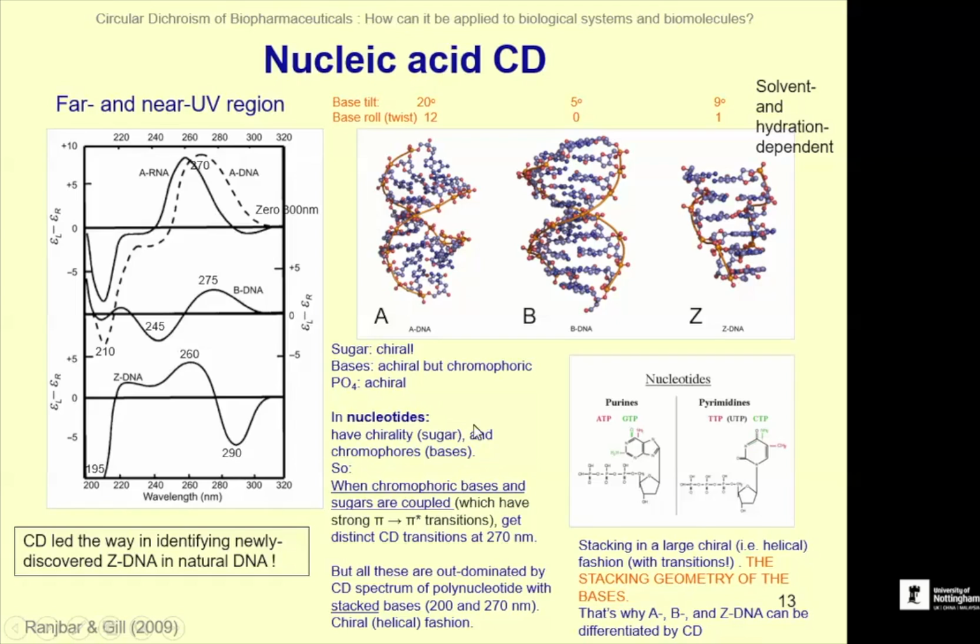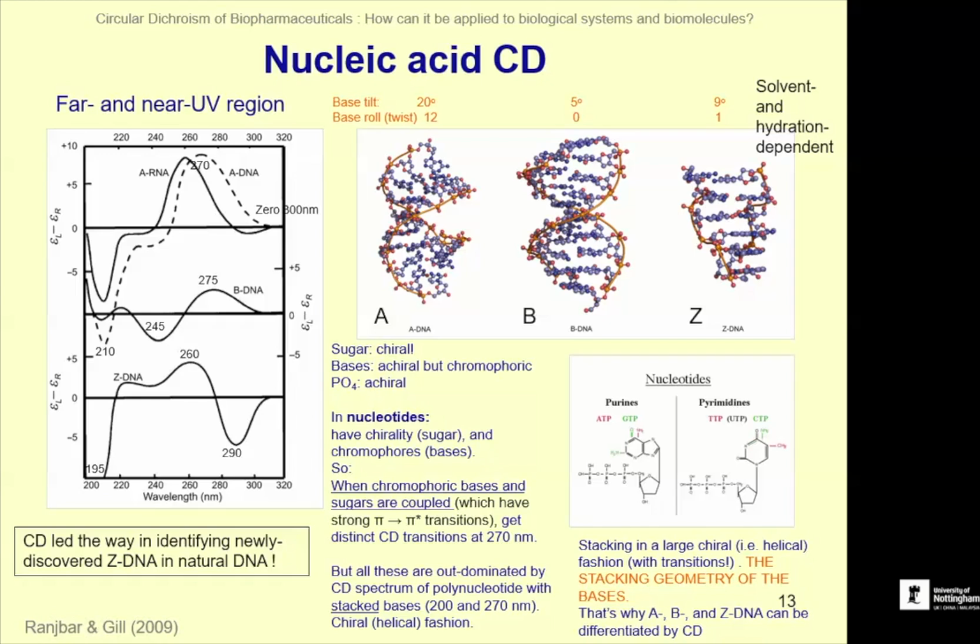Well, let's first have a look. The DNA, of course, is made up of nucleotides. We've got sugars in there, which are chiral, and we've got bases in there, which are not chiral, and phosphates, which are not chiral. So it's down to the sugars for chirality. And the bases are very chromophoric, these are aromatics, aren't they, essentially?